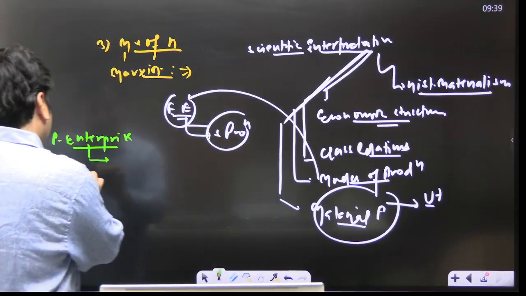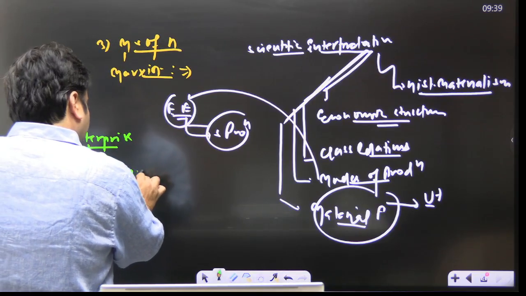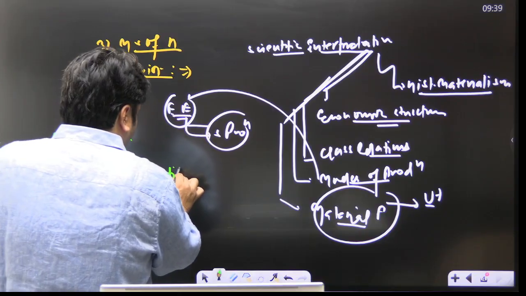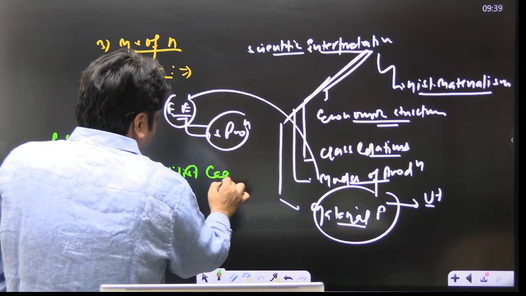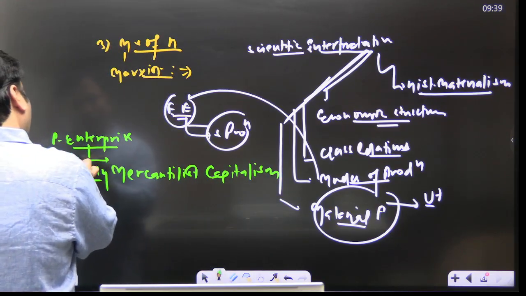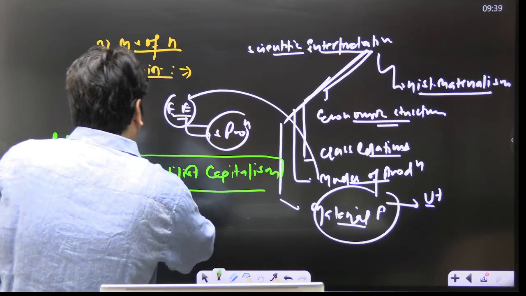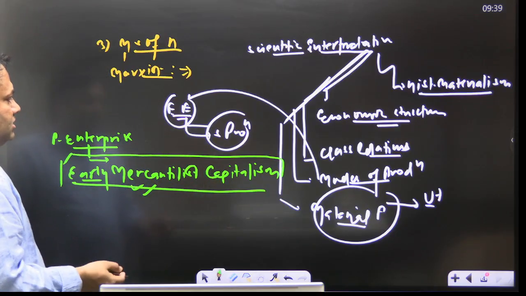This word is very much scientific. While writing answers in the exam, you can use this keyword, early mercantilistic capitalism. So the Portuguese presence in India was seen as the presence of early mercantilistic capitalism.